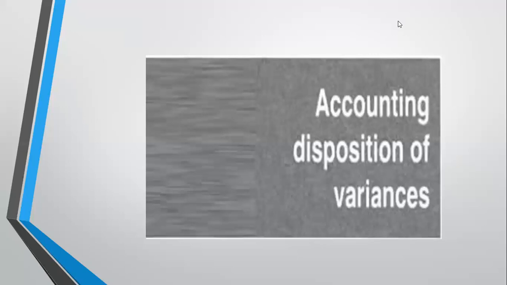Then, analysis of variance by causes. Variances reflect the effect on cost which certain events or conditions have produced. So before management can decide whether or not action is called for, and if so, what has to be done, it is necessary to know what caused the variance to arise.